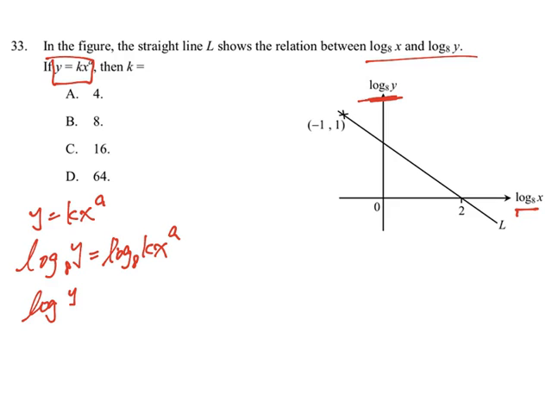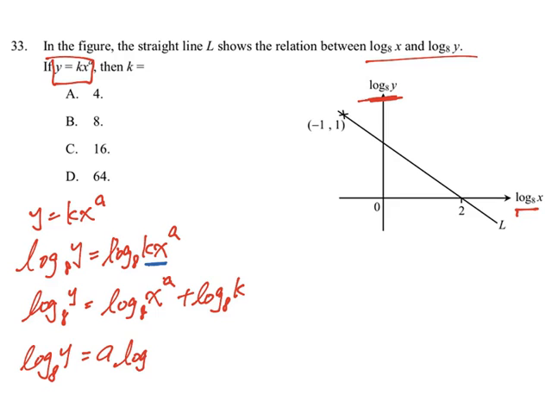So it becomes log of k x power a. Because it is times, that means it's plus log. So log k like this. And then we put this index out. So a log x base x plus log k base x. Actually, it is a straight line.